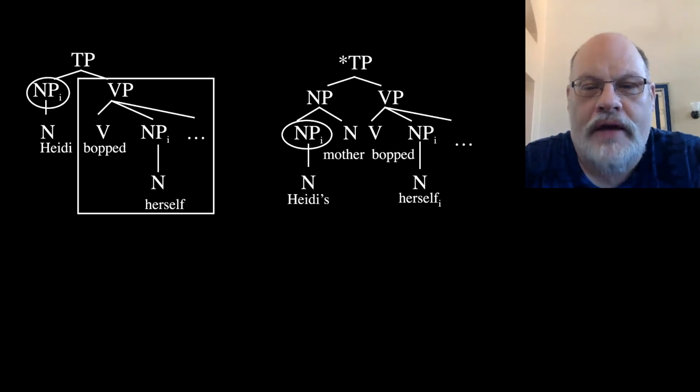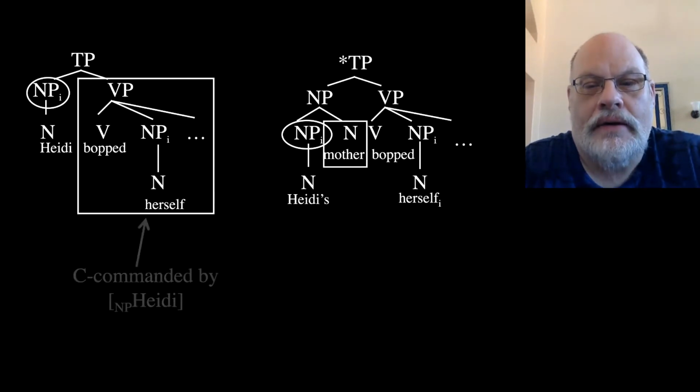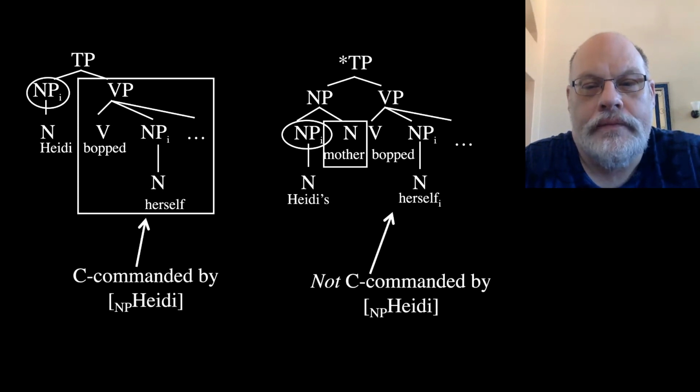By contrast, the noun phrase Heidi in the second tree, the tree on the right, does not C command herself, right? The only thing C commanded by the noun phrase Heidi is the head noun mother. Herself does not sit within the C command domain, if you like, of the antecedent noun phrase.